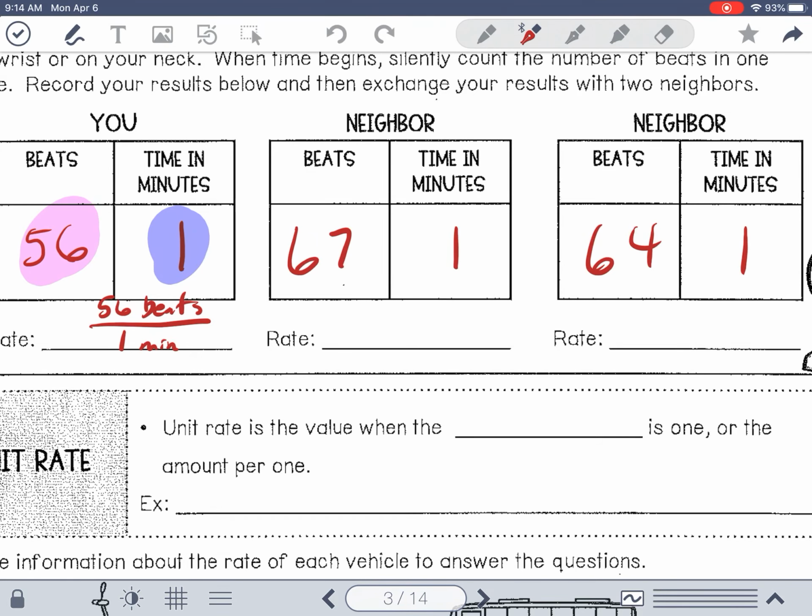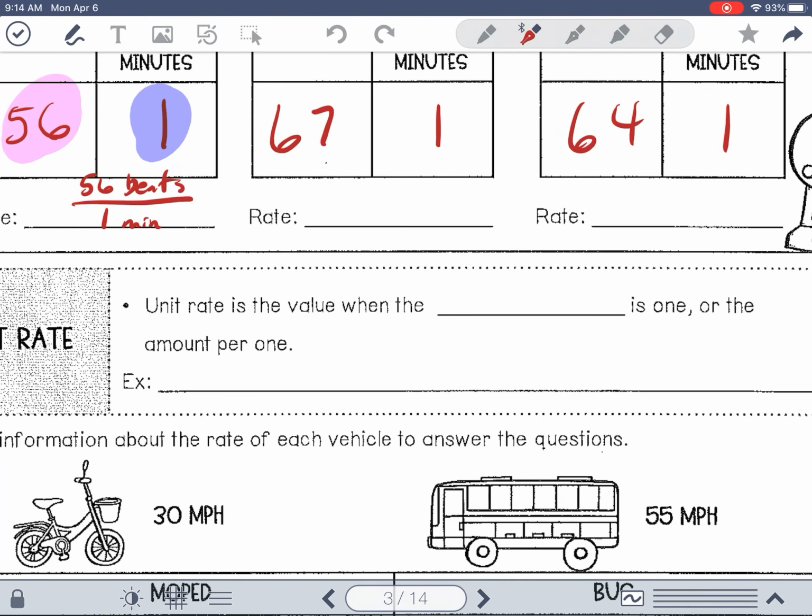But in a unit rate, the value is specific because our denominator is always 1. The unit rate is a value when the denominator is 1, or it's an amount per one item, one thing. It could be 1 gallon, it could be 1 pound, whatever the case might be.